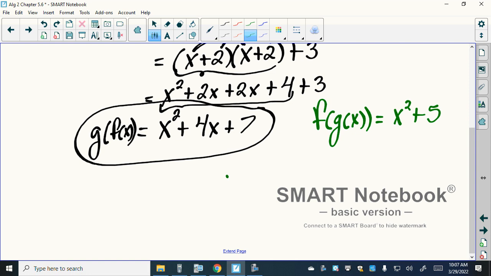No. So for us here, g of f of x is not the same as f of g of x. There is a select few functions where f of g of x and g of f of x for two given functions are going to be the same.